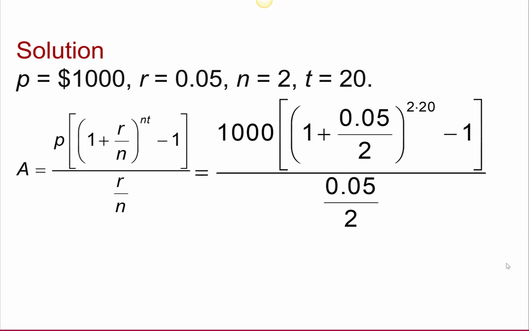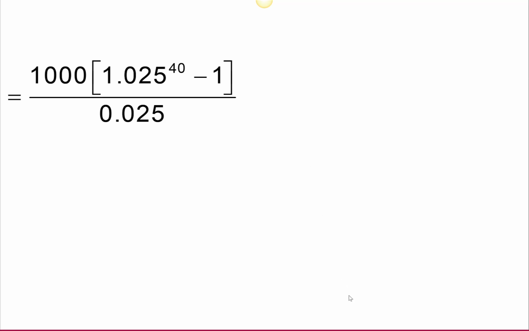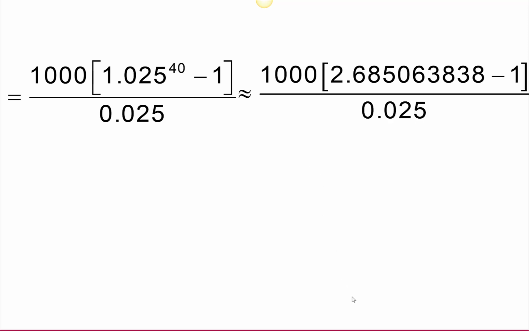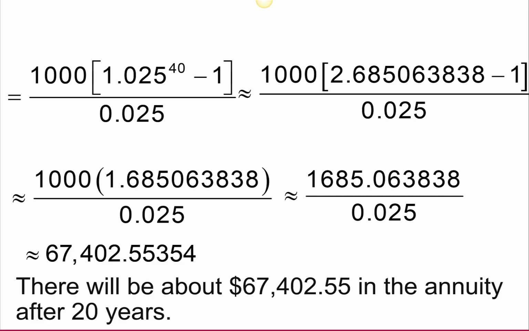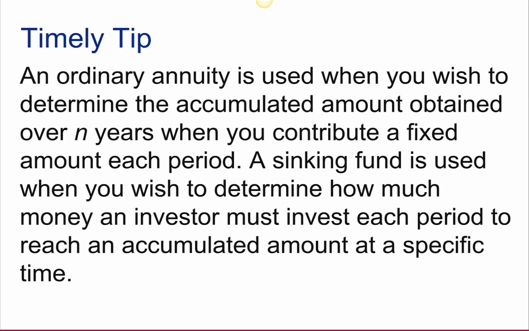I took 0.05 divided by 2, added 1, and simplified the exponent to be 40. Take 1.025, raise it to the 40th power, then subtract 1, multiply that by 1,000, and then finally divide by 0.025. So they'll accumulate approximately $67,402.55 in the annuity after 20 years.